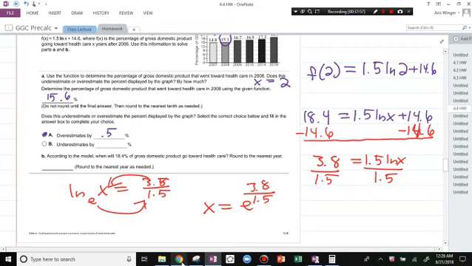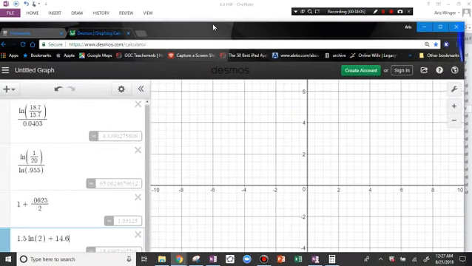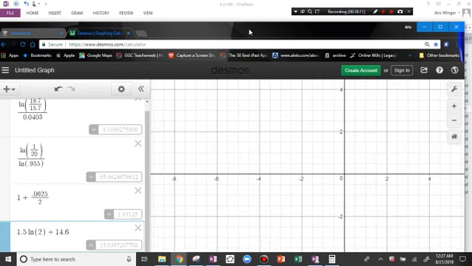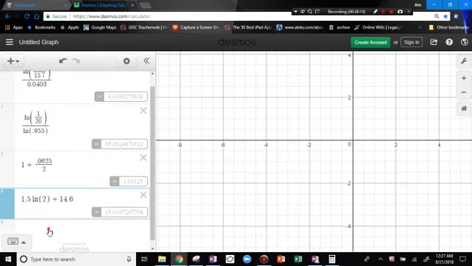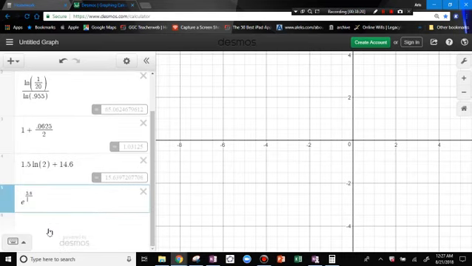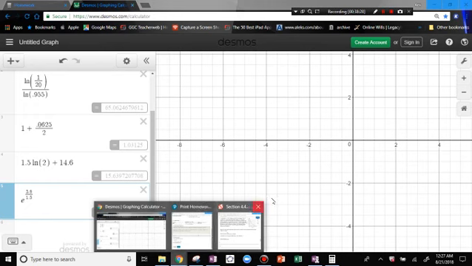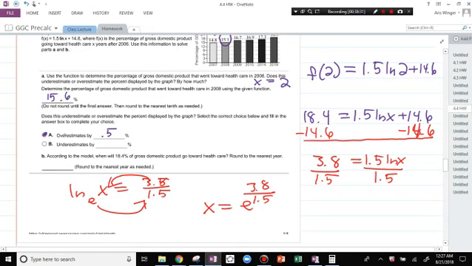That's 12.6 years. They want us to round to the nearest whole number, I believe, so we're talking about 13.